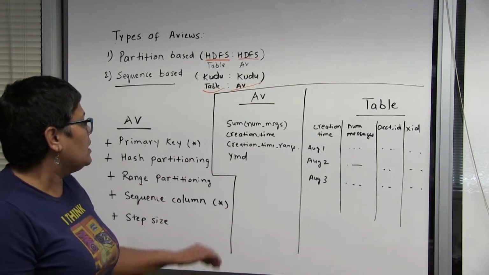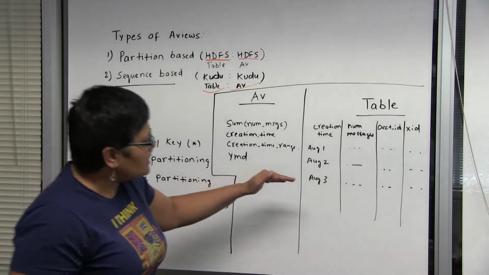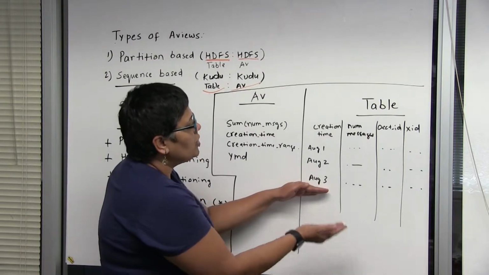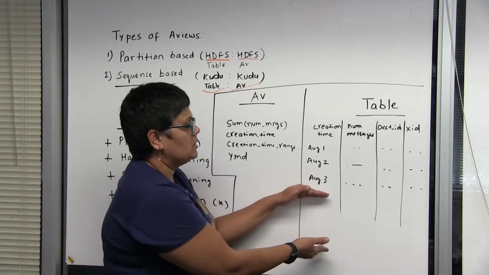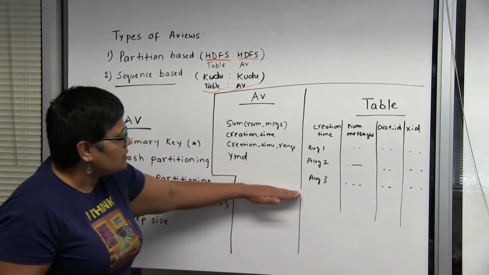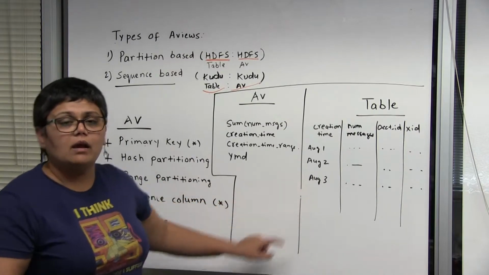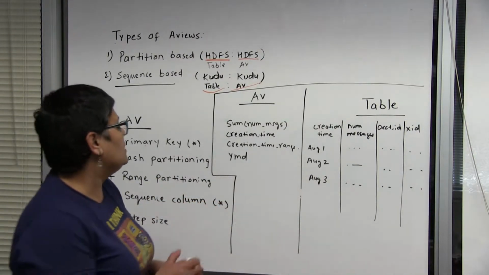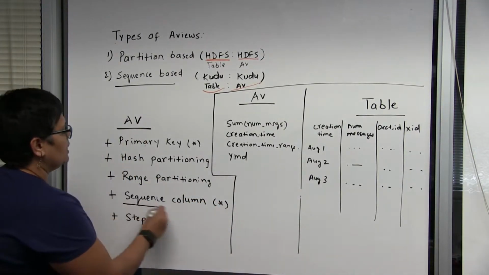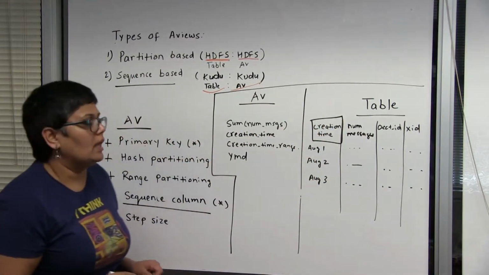So the idea with sequence-based refresh is that as the table gets more and more data appended to it, ArcEngine figures out that the last set of data that it saw was for August 3rd. And the way ArcEngine figures this out is because the sequence column was defined to be, maybe, creation time in the table.